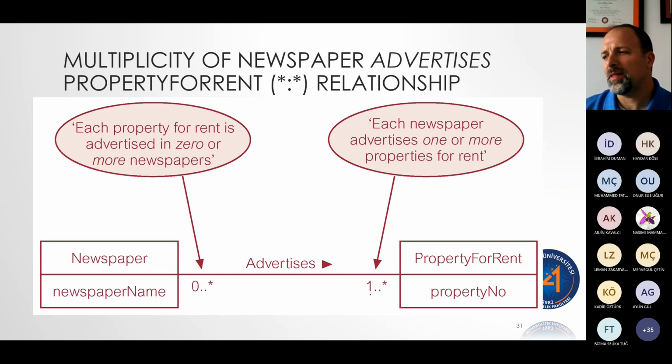So we are not requiring every newspaper in the world to advertise our properties. Every newspaper that we have a row for is going to be required to advertise a property for rent. That represents that we only store the data for a newspaper if it's important to us, if it has been used to advertise a property for rent.